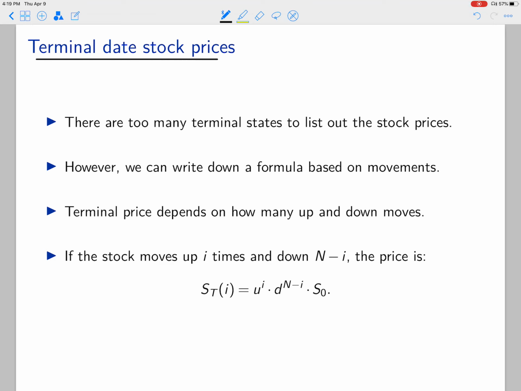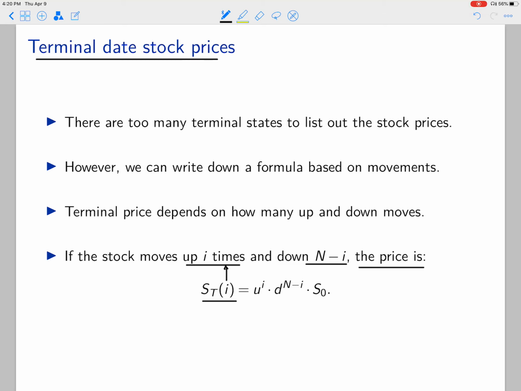So for example, suppose the stock price moves up i times and down n minus i times by date capital T. Then what we can show, we won't work through it out here, we'll work through a specific example in a second, is that the stock price is going to be given as follows. We're going to relax the notation that the stock price is dependent on the state and instead say that the stock price at the terminal date is dependent on the number of movements up, i.